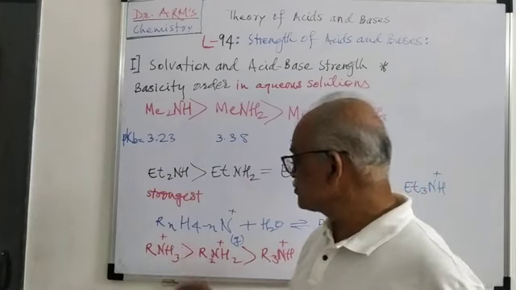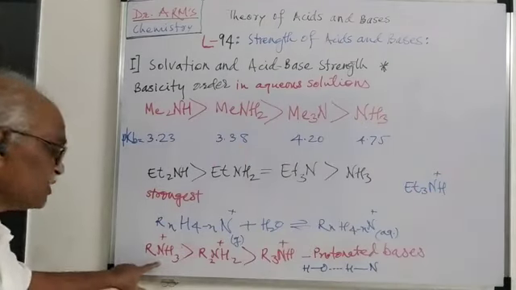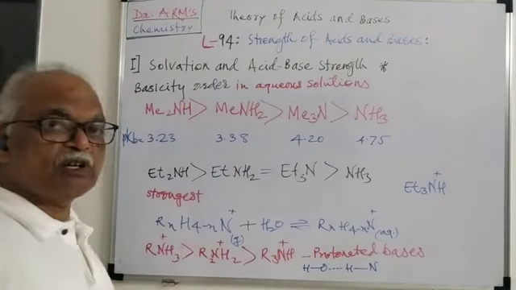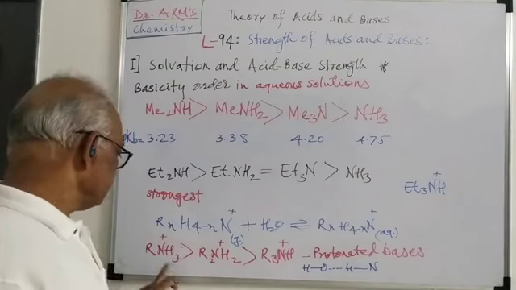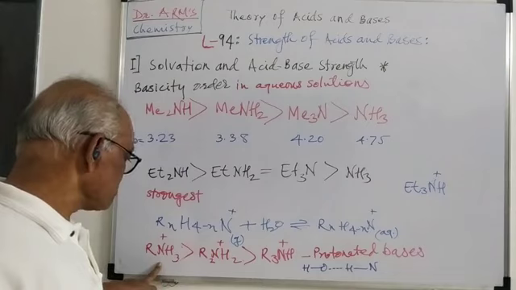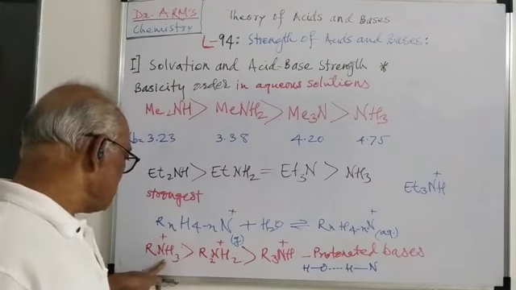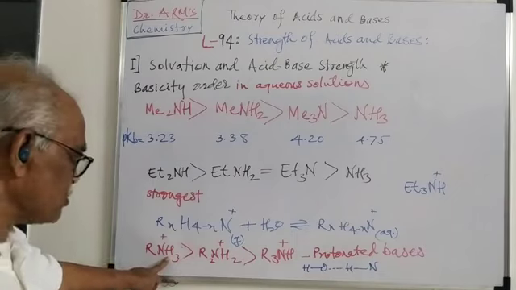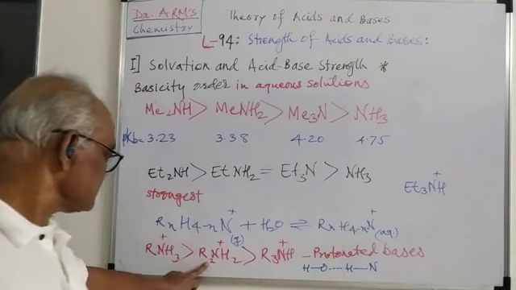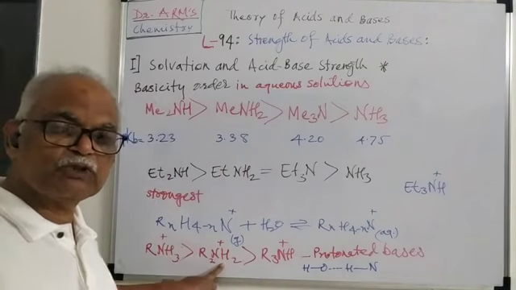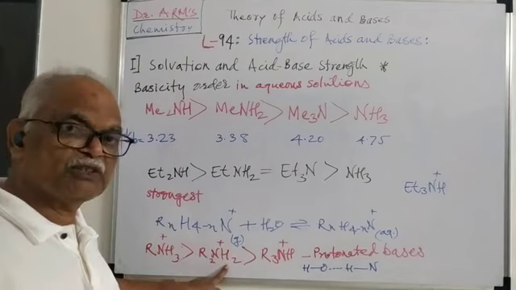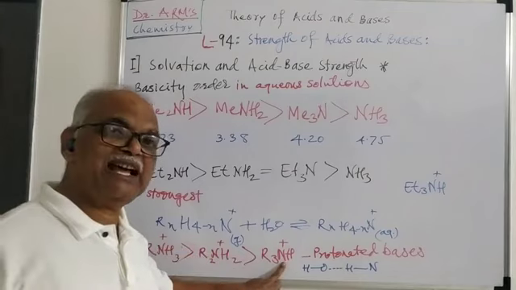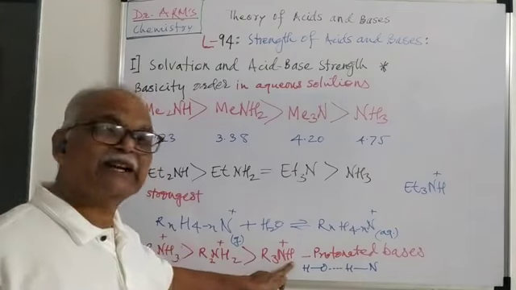So RNH3, the protonated primary amine, has very high solvation energy. This has maximum solvation energy, because it has more protons for formation of hydrogen bonds with water. In this case, relatively, the number of protons available for bond formation with water is few. Here, the nitrogen has no proton because this is the protonated species.